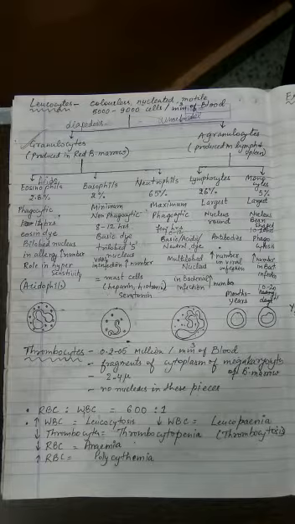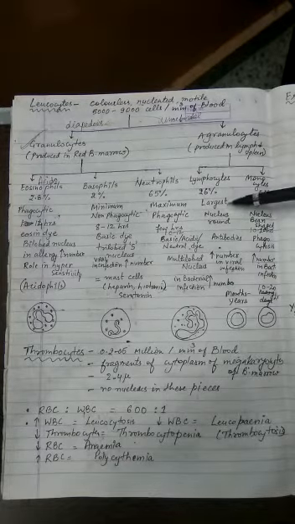Their lifespan is a few days to a few months, and they are motile and phagocytic in nature. I think I made a mistake in speaking. Yes, lymphocytes are 26% of the total number. They are the largest one.